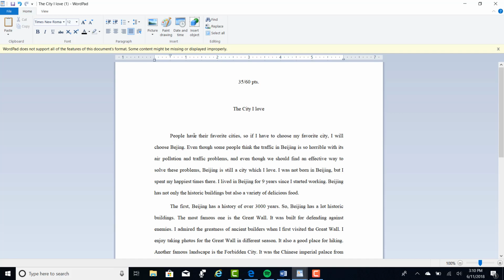Even though some people think Beijing is horrible with its air pollution and traffic problems, and even though we should find an effective way to solve these problems, Beijing is still a city which I love.